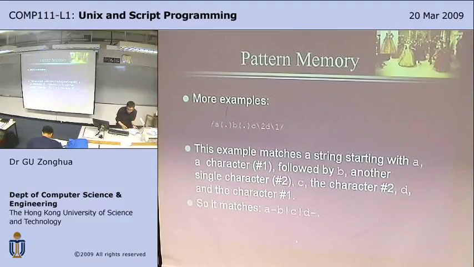So this one matches a string that starts with an A, followed by a character, this one, followed by a B, followed by another character, followed by a C, followed by the second character. So the character following C must match the second parenthesis, and followed by the first character.